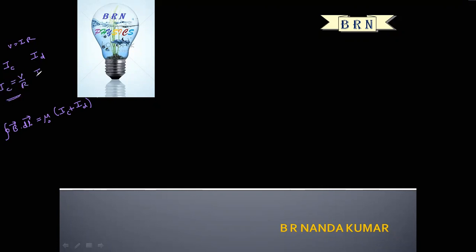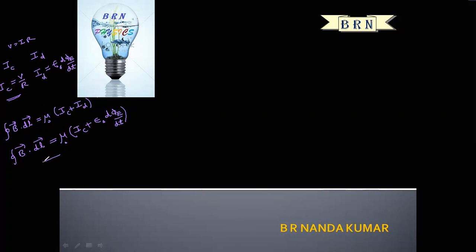The mathematical expression for displacement current is I_D is equal to epsilon naught into d phi E divided by dt. So the mathematical expression for Ampere-Maxwell law: the integral of B vector dot dl vector is equal to mu naught times (I_C plus I_D), where I_D is epsilon naught into d phi E divided by dt.